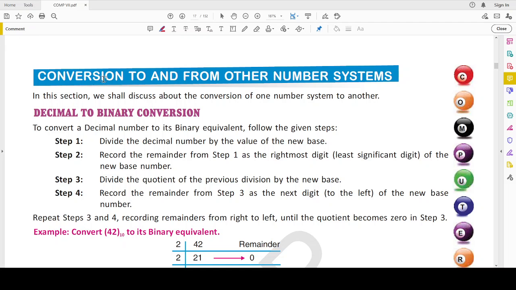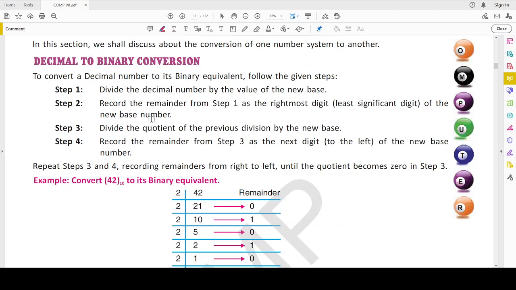Now some conversion to and from other number systems. First we will see decimal to binary number system. We have already seen how to convert binary to decimal, right?